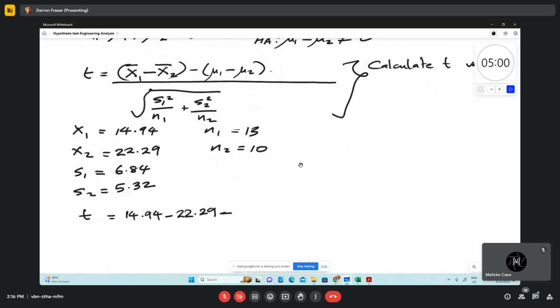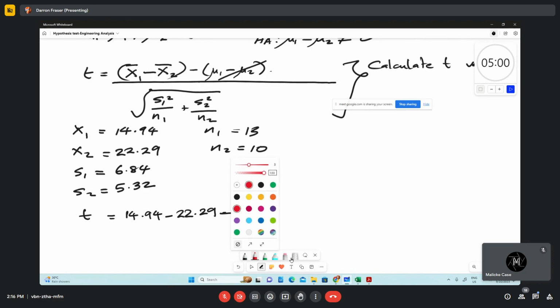So this here is equal to 0. So it's that minus 0. We said that the two means are equal.